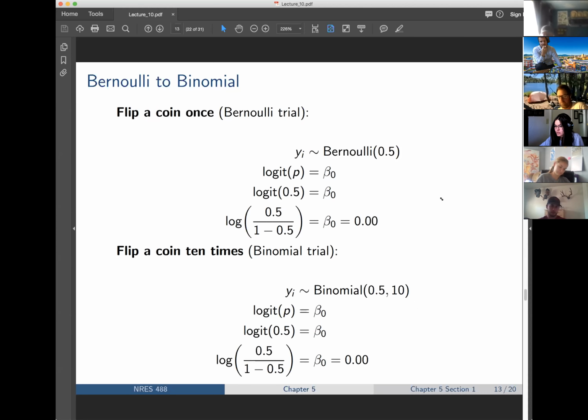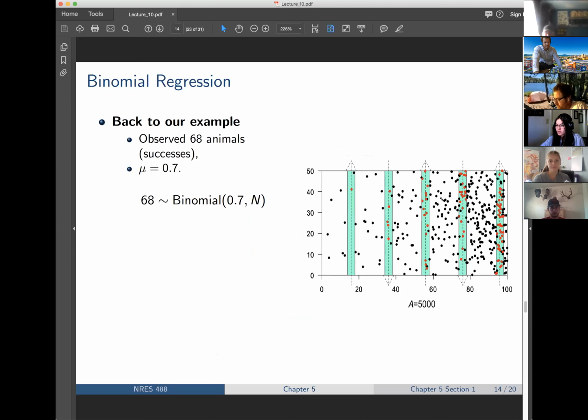Now, what we're going to start off with in our next class is going from our Bernoulli model, which is one coin flip, to a binomial model where we have more than one coin flip and estimating the probability of observing the results that we actually got. And I'll stop there on this slide.